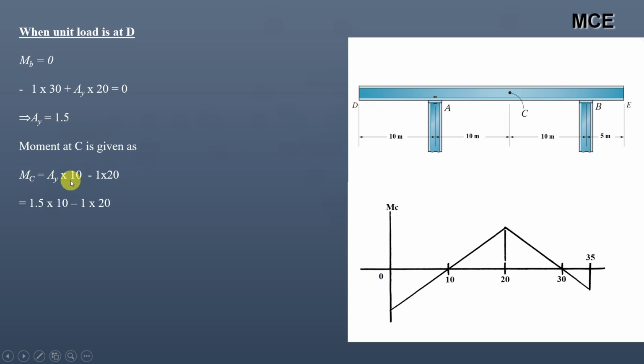So moment at C is 1.5 into 10 minus 1 into 20, which is minus 5. So when the unit load is at D, the value of moment at C is minus 5. So ordinate at this position is minus 5.